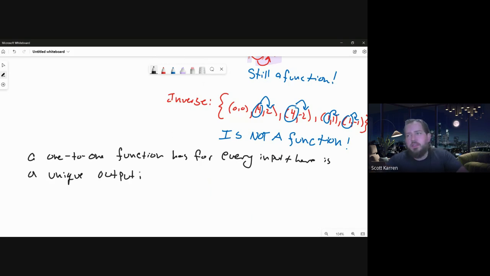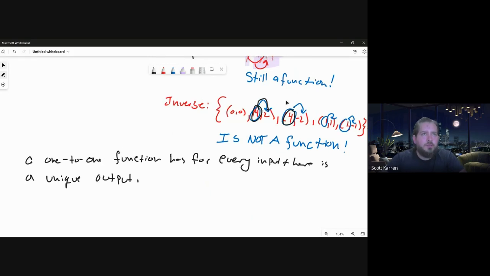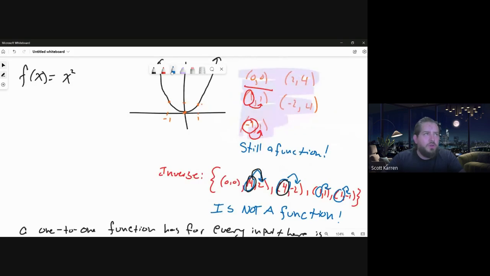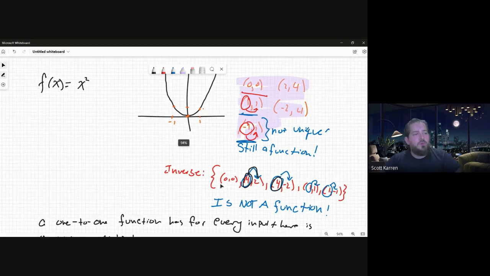Which means in this case, this is not a unique output. 4 goes to 2, but also, oh, my bad. Look at the back one. 1 goes to 1, like we said here, but also -1 goes to 1 as well. So this is not unique. And we need it to be unique in order to get a one-to-one function.